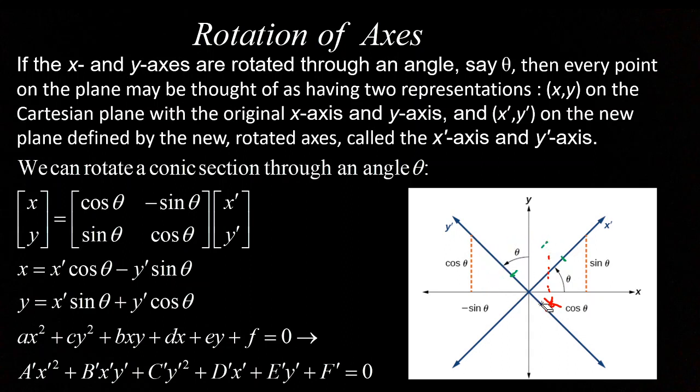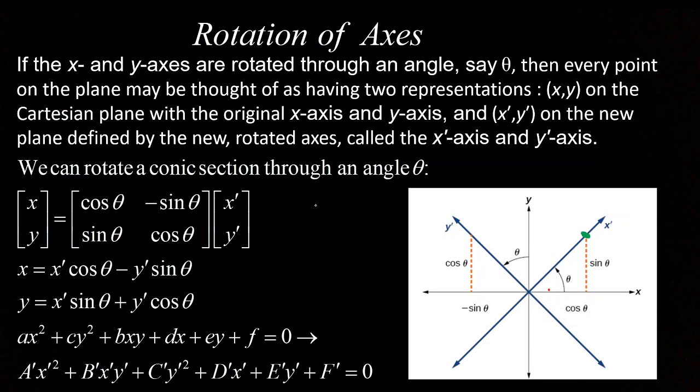If I have a point here and rotate it, I want it to go there, then I can multiply it by this matrix and it rotates.